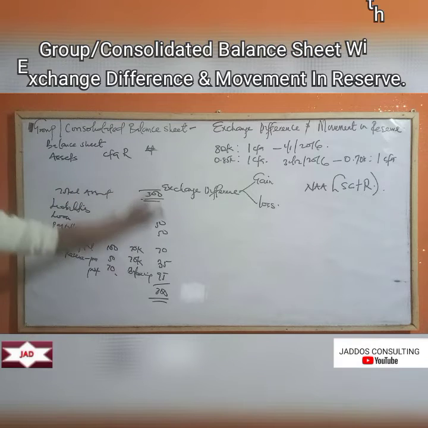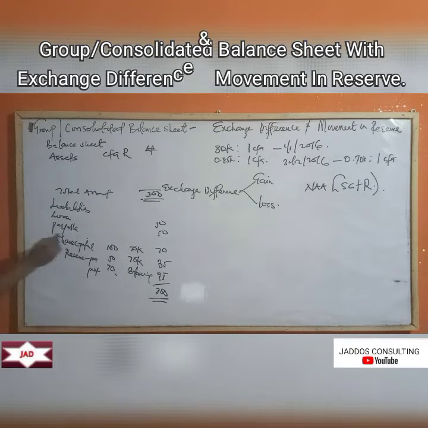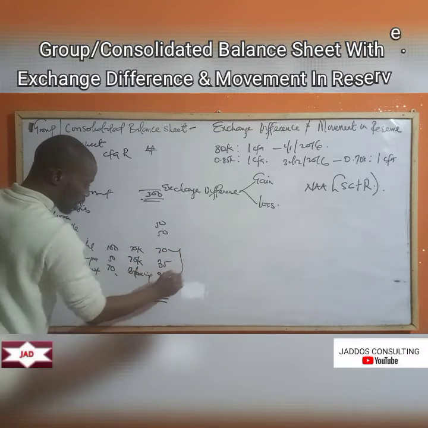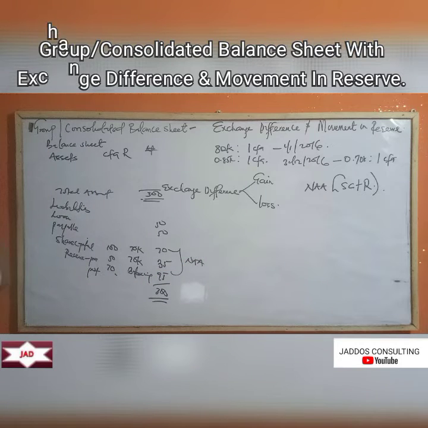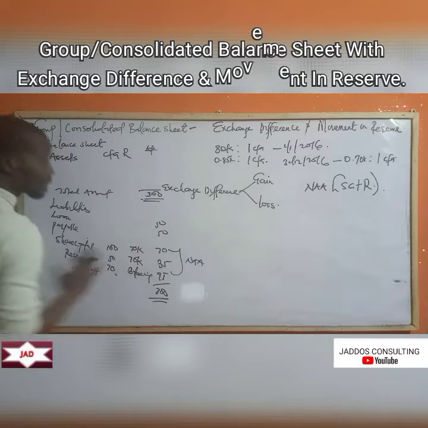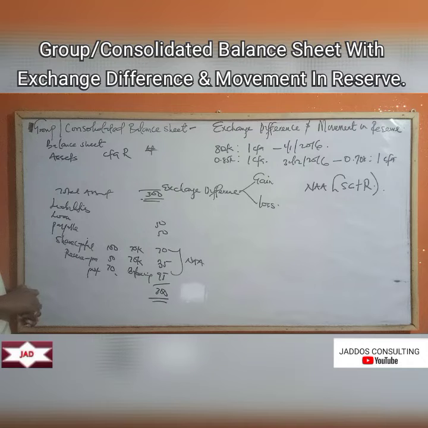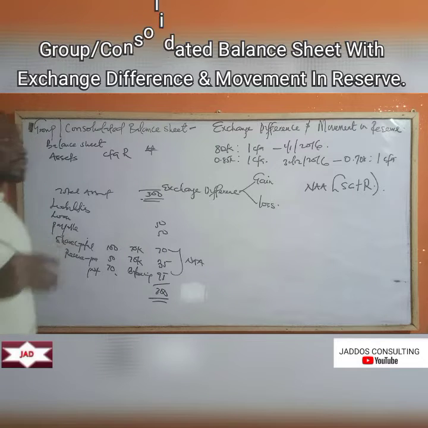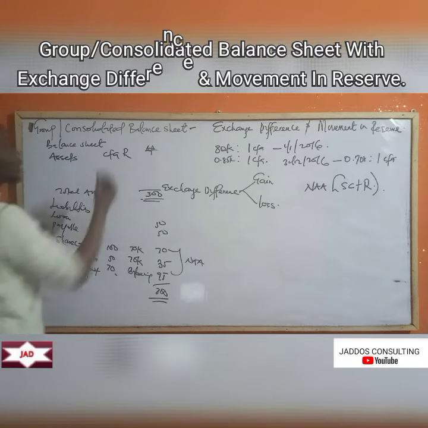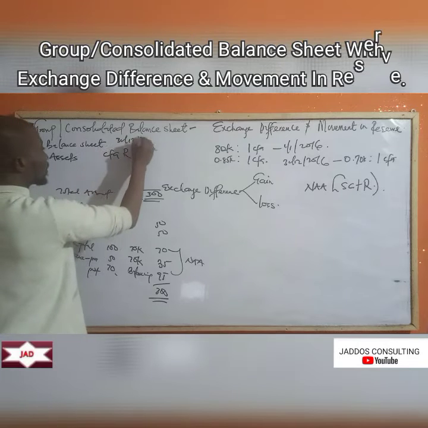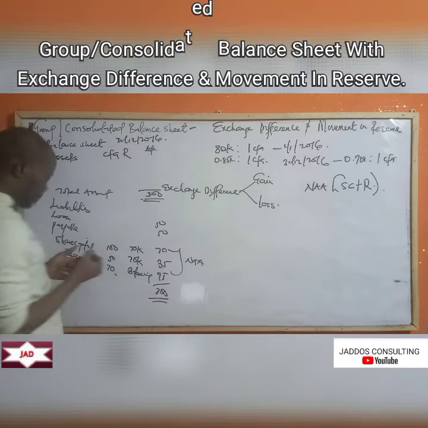So at this level, this is the share capital, or this is what we call net asset acquired, right? And then we have translated. But now, there is a rate for the end of the period, 31st December, let's say 2016.